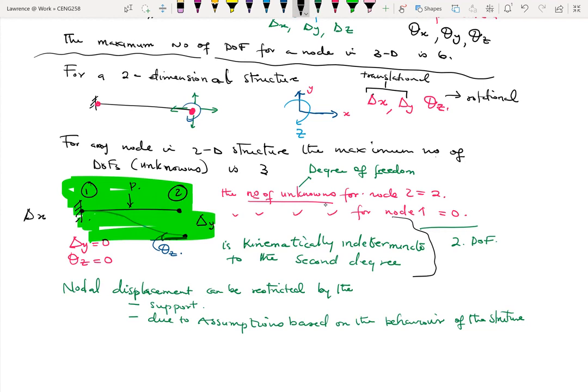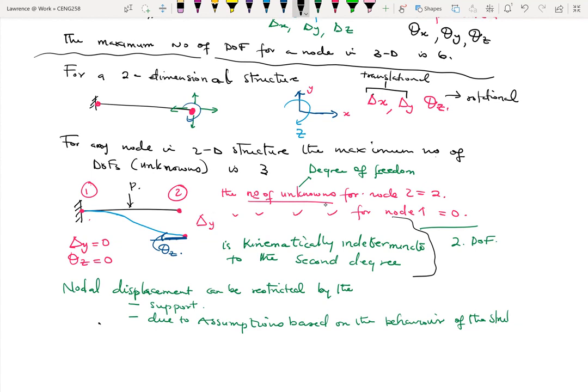I didn't talk about the horizontal deflections, because if you have a beam whereby the load is vertical, there will not be any horizontal motion of the load.